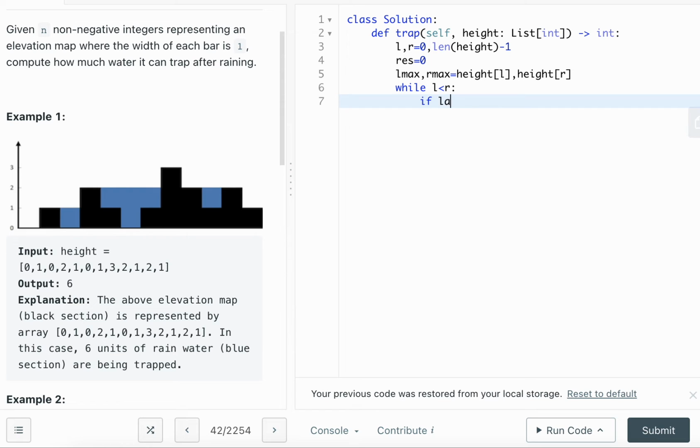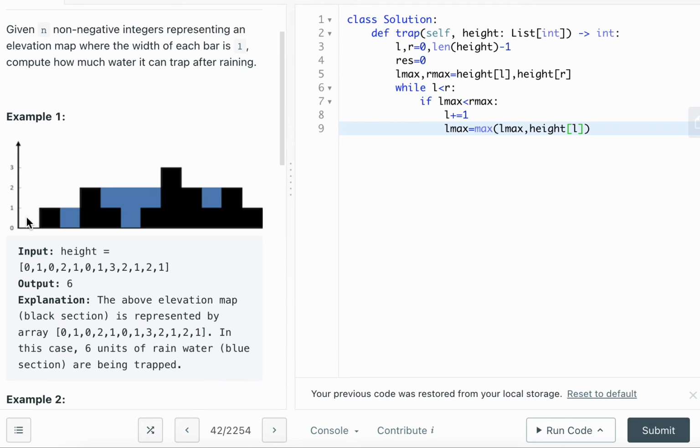If left max is smaller than right max, I'm going to move the left pointer one step to the right, because this side is smaller and I'm trying to get rid of it. Then I'm also going to update left max with the max of left max and height[left]. I'm keeping track of the left side max value, so this needs to be constantly updated because the height is constantly changing.